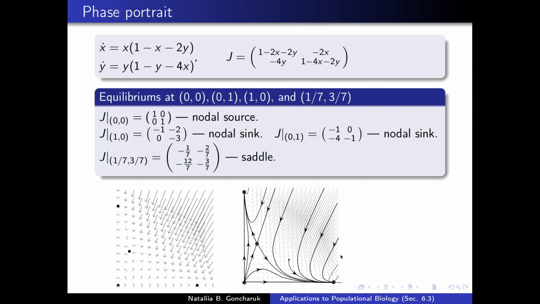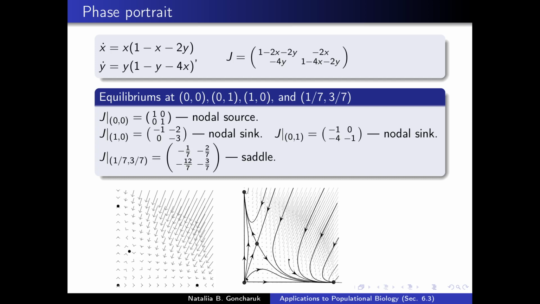Now let's figure out what it means for the system. If you start at some initial amount of animals, like say here, then you can follow the phase curve and see where it gets. This phase curve gets to this equilibrium, which means that y tends to 0. The y species dies out. Along this phase curve, the y species died out. When you start here, then you follow the phase curve to get to this equilibrium, and then the x species dies out because x tends to 0.